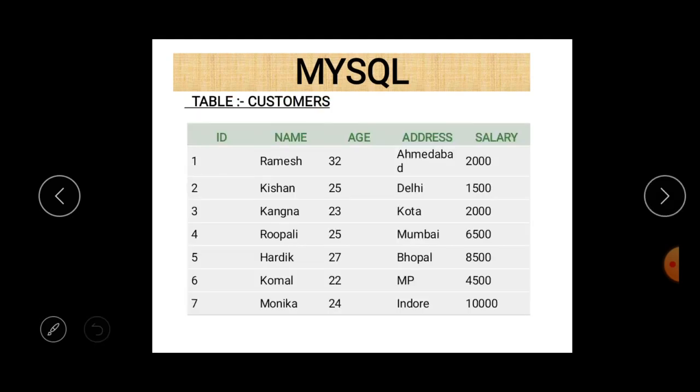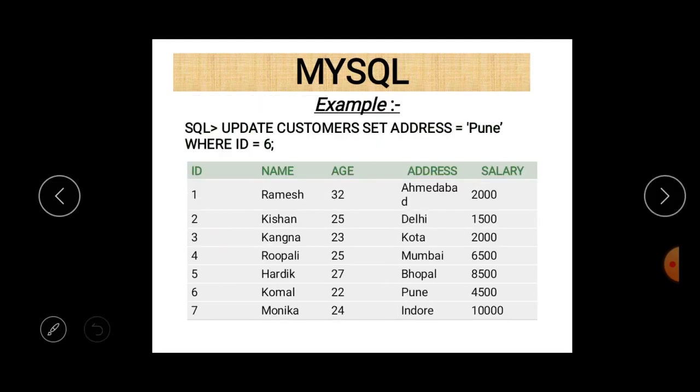You can see here there is a diagram, there is a table, and in this table 5 columns are there: ID, name, age, address, and salary. These are the different records. And if we give update customer, here the name of the table is customer.